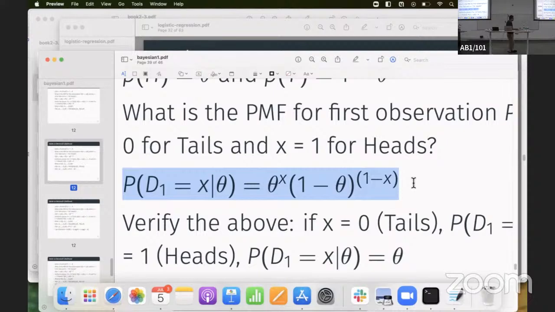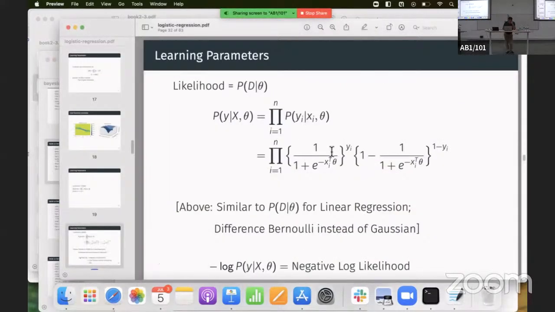So theta is the probability of heads, or probability of heads is denoted as 1, probability of class equal to 1, let's just say that way, right? Theta to the power x, where x is either 0 or 1, right? We come back to logistic regression.